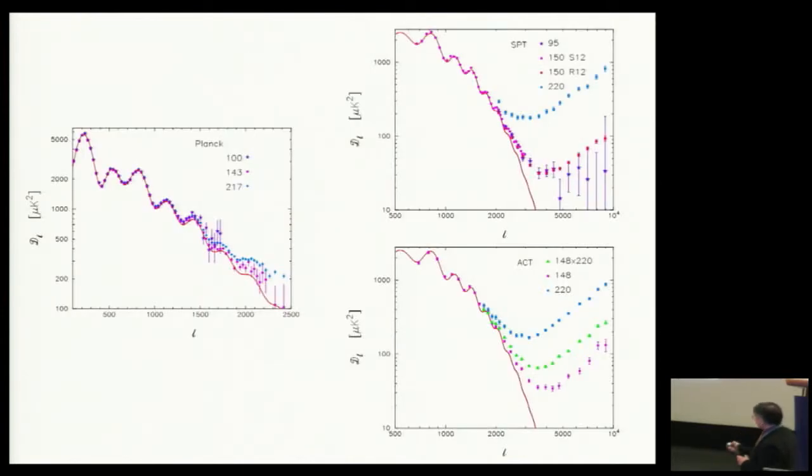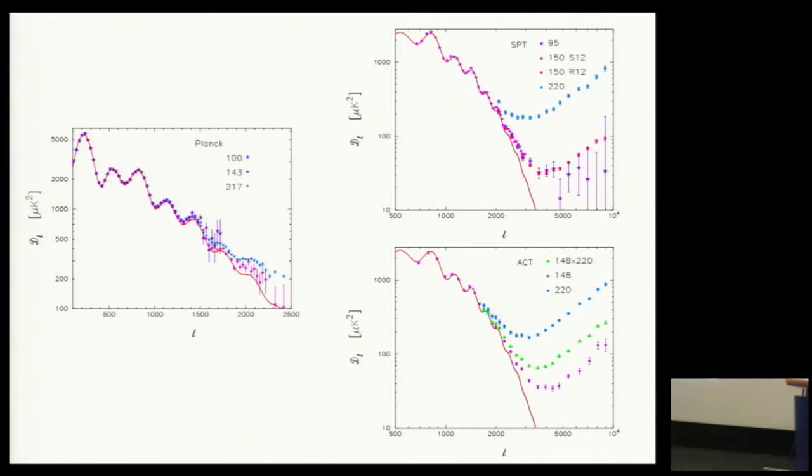So this shows the Planck spectra now without foreground subtraction. So this is actually what we measure. Okay, so you can see the best fitting cosmology, and then at 100 gigahertz, 143, 217, the relative importance of the foregrounds that you have to model and subtract to high accuracy.